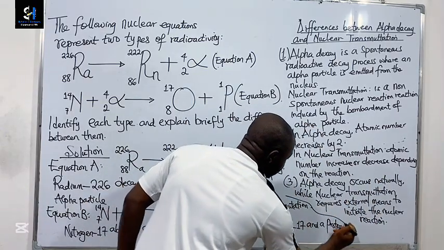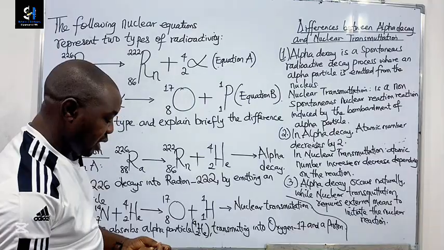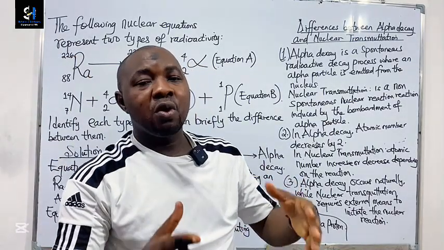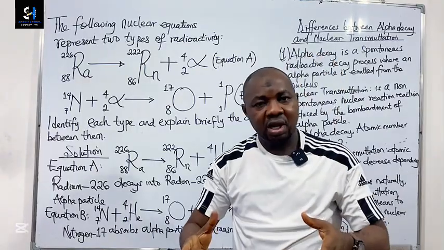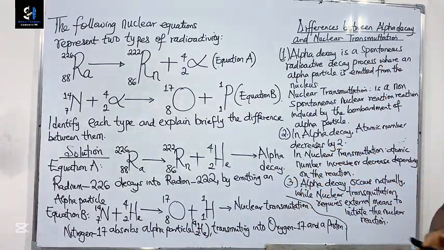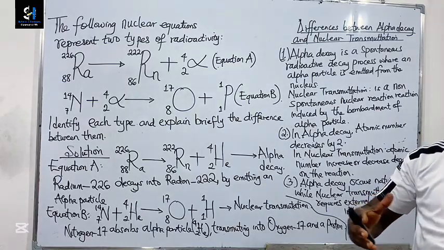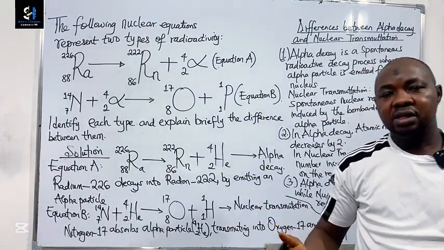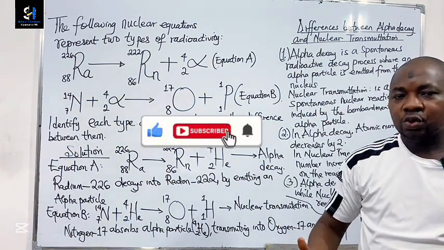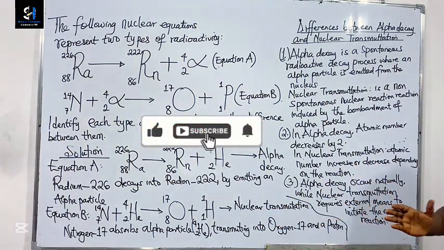That is because alpha decay results in a more stable daughter nucleus, but nuclear transmutation results in different elements, often with different stability.